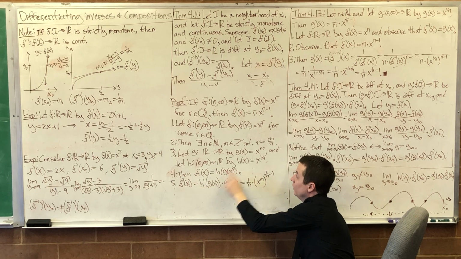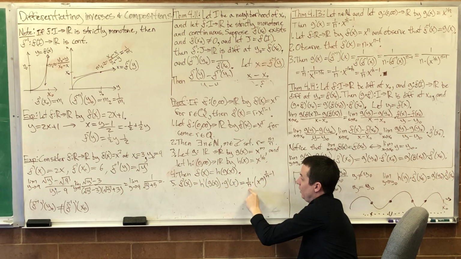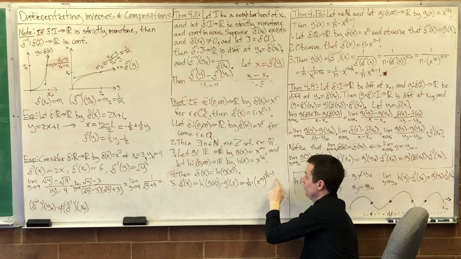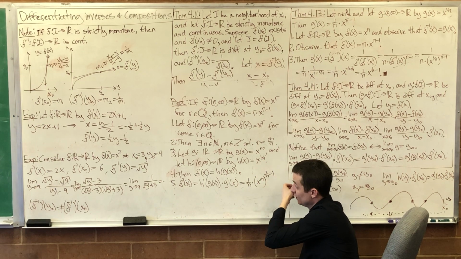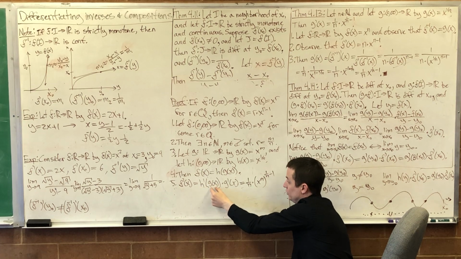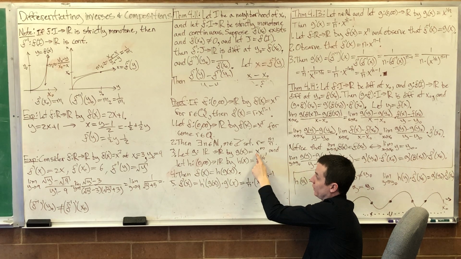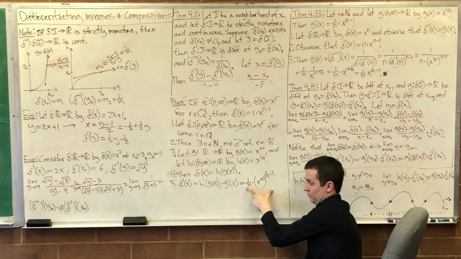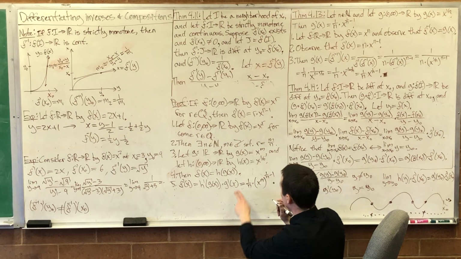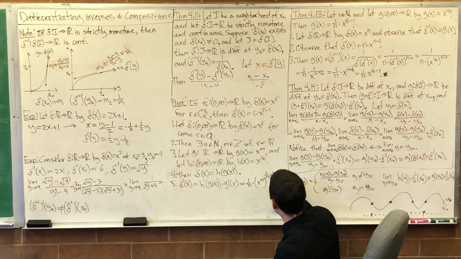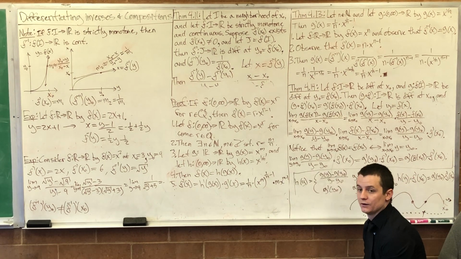Just bringing 1 over n down and making that exponent 1 over n minus 1. Okay. So that's h prime of g of x, plugging in g of x for x as well. So that's this term, times g prime of x, which is just m times x to the m minus 1. Right?